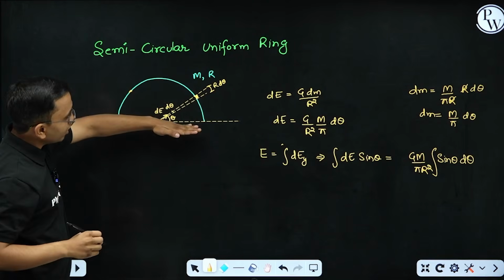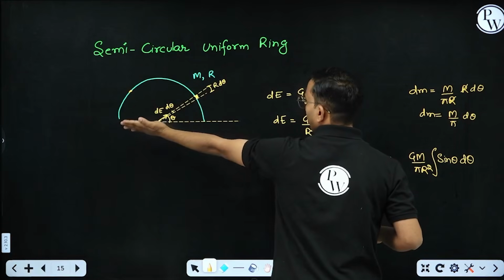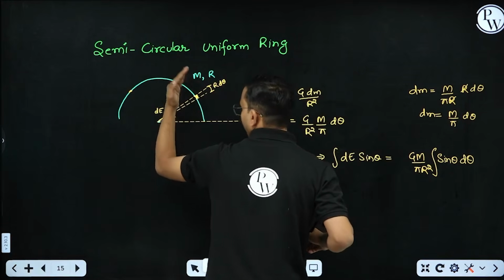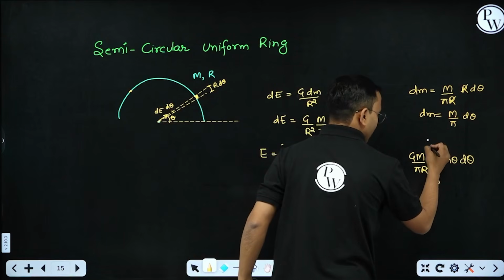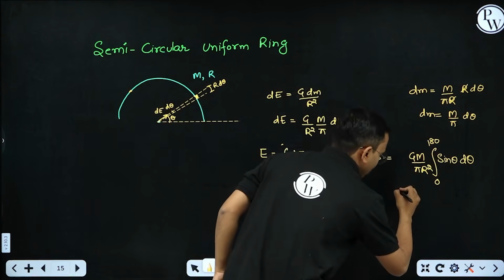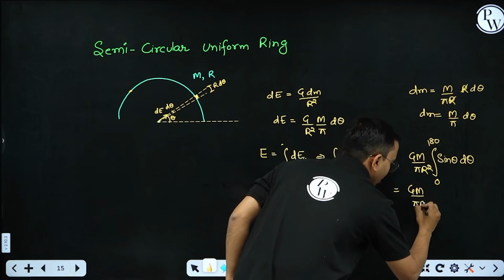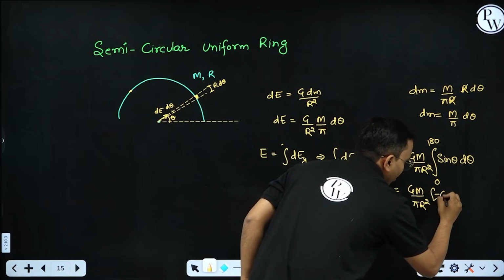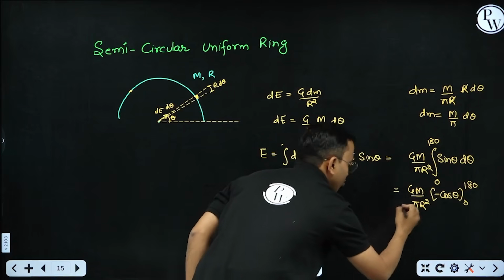The limit will go from theta equals 0 to 180 degrees. I need to consider the complete ring. Getting it? 0 to 180 degrees. What is the integration of sin theta? Minus cos theta. This will become 2.